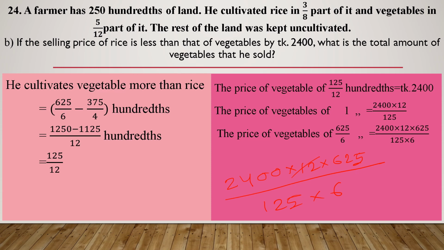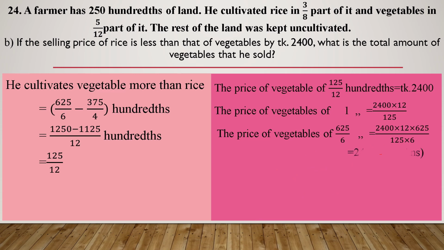So if we divide by 6, it will be 2. And if we divide 625 by 125, we will get 5. So 5 2s are 10, and 10 multiplied by 2400, I will show you what we get.